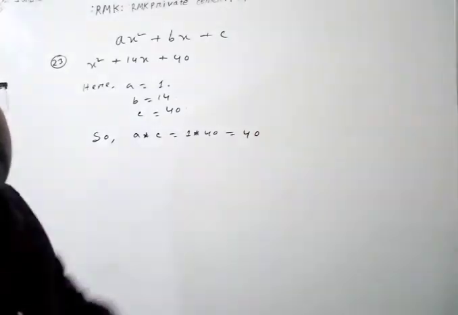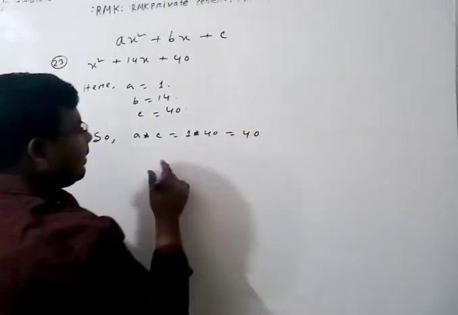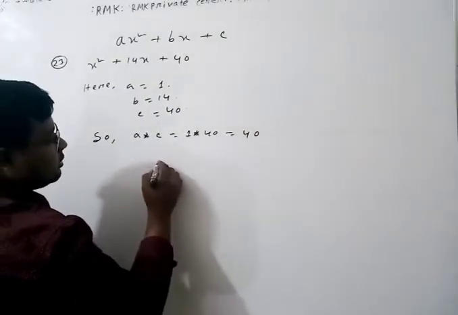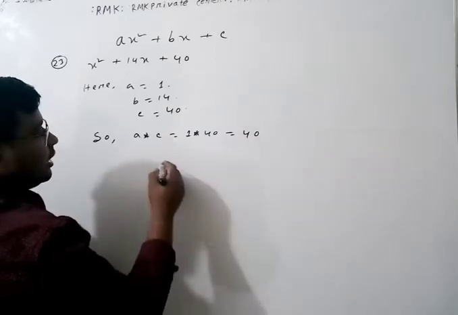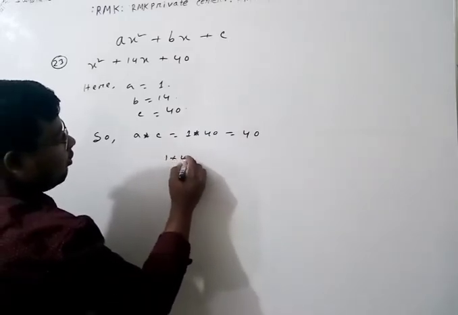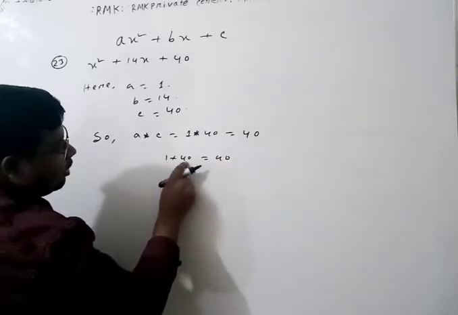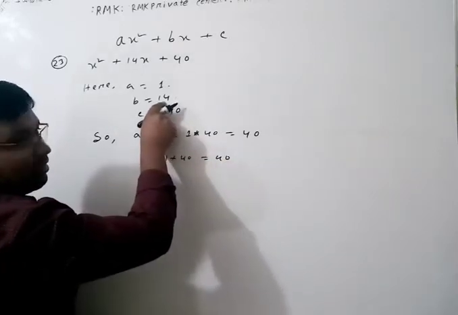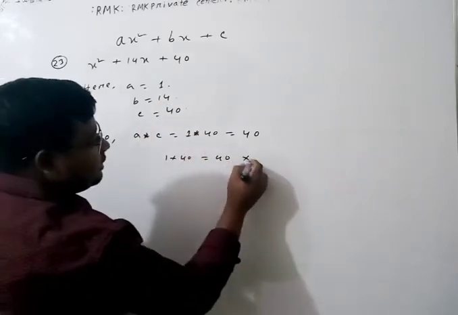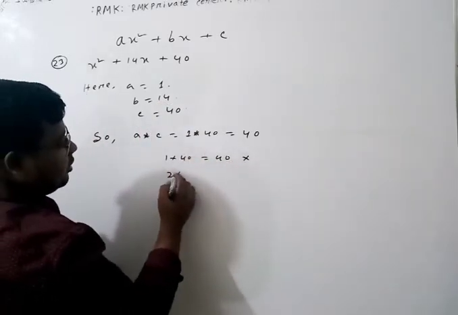What are the numbers? Look at me, my dear students. If I take 40, you say, sir, I multiply 1 and 40. That is equal to 40. But the sum of 1 and 40 is 41. That is not equal to 14. So you can't take this. You say, sir, I take 2 and 20.